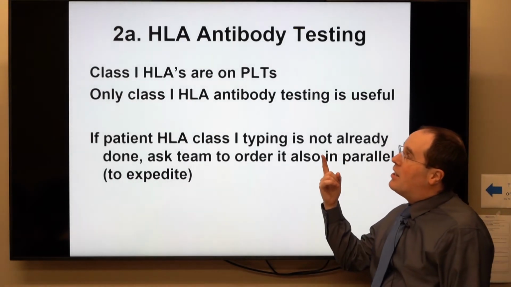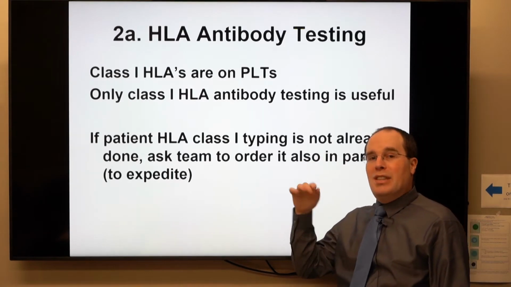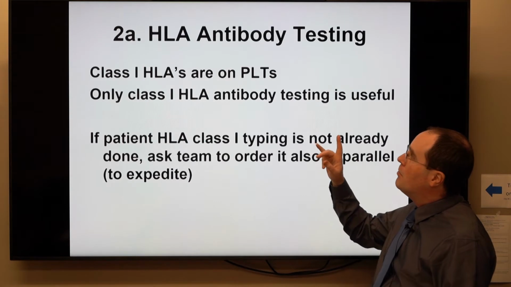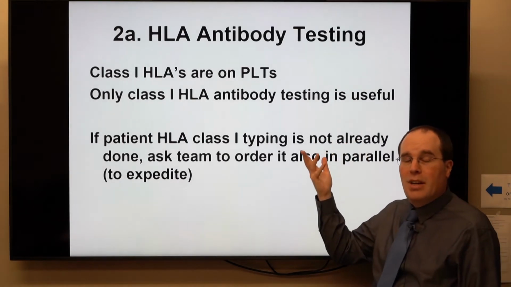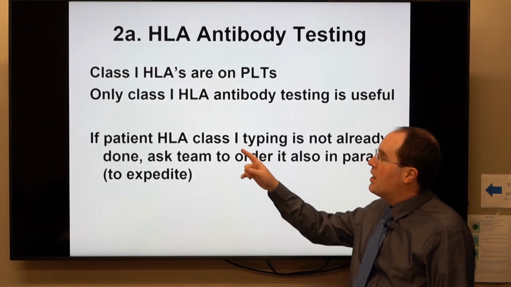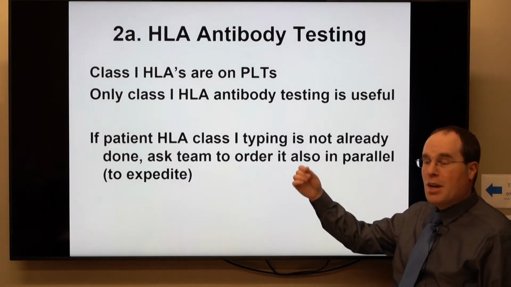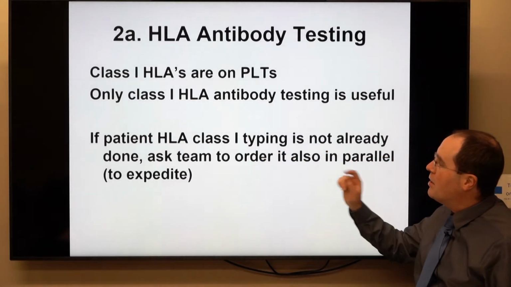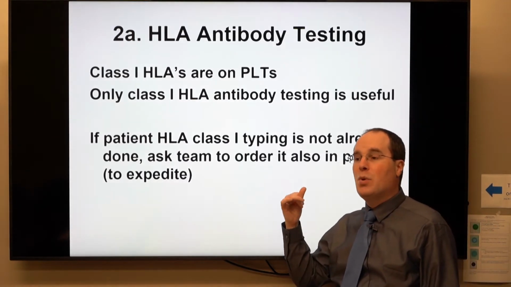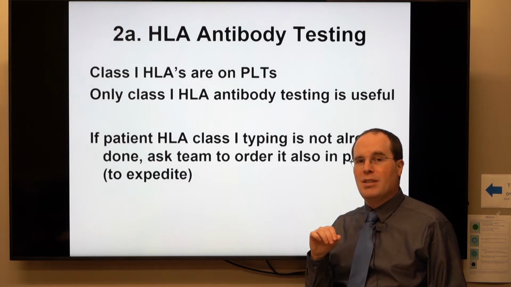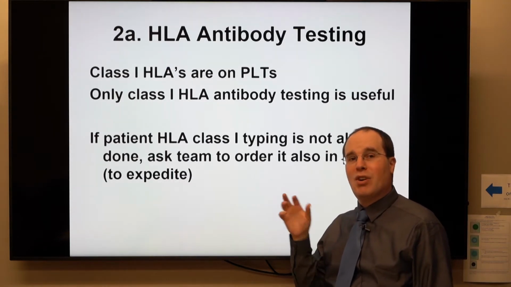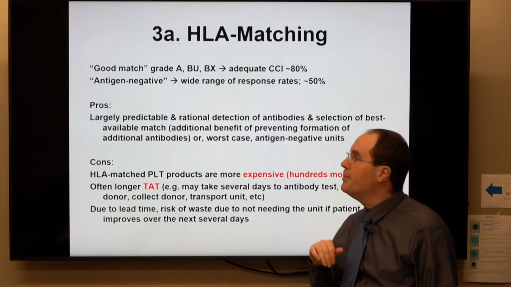Remember that class 1 HLAs are the only antigens in the HLA world that are on platelets. There's no class 2. Therefore, we only need to do class 1 HLA antibody testing. If the patient class 1 typing, phenotyping, has not already been done, then ask the team to order that in parallel to expedite. Because as we'll see, we could use both the patient's antibody specificities and the patient's phenotyping to try to find matched platelets.